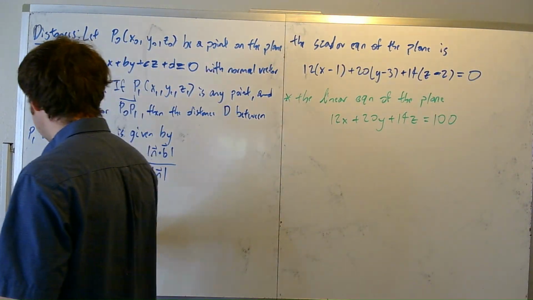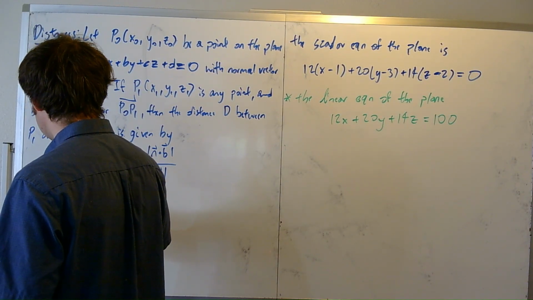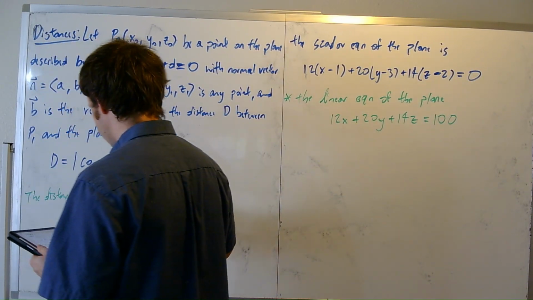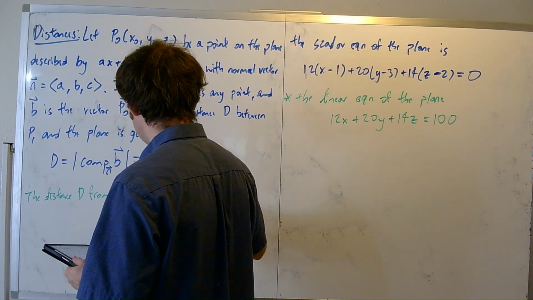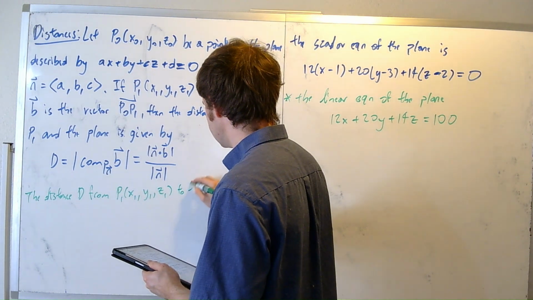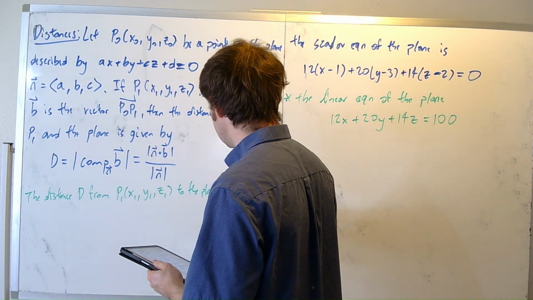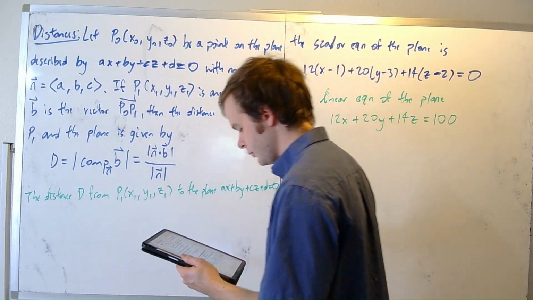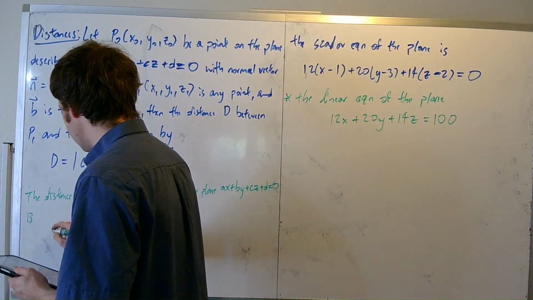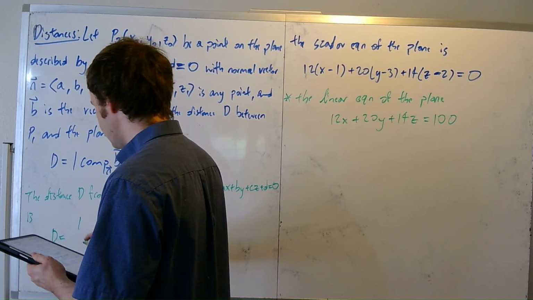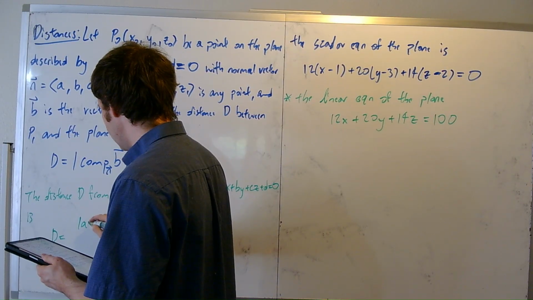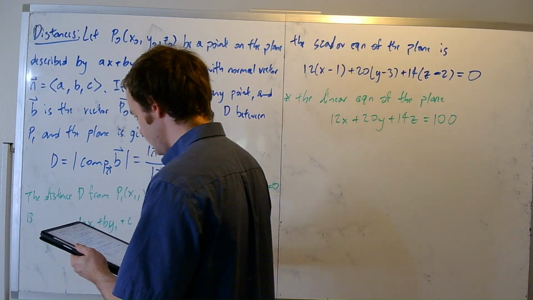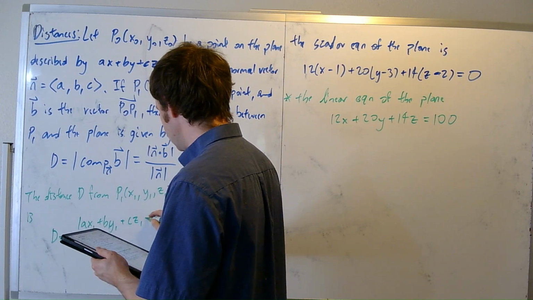So the distance D from P1 with coordinates x1, y1, and z1 to the plane ax plus by plus cz plus d equals 0 is, so our formula is going to be d equals the absolute value of ax1 plus by1 plus cz1 plus d.